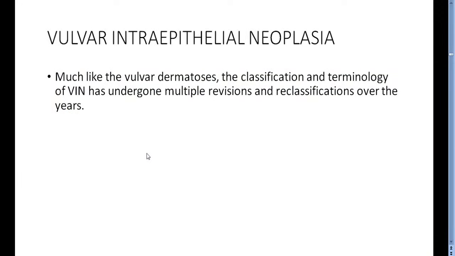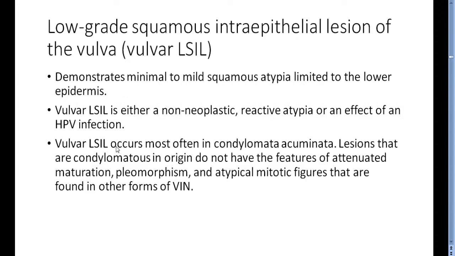If we speak about a real neoplastic process, we usually call it VIN, like the vulvar dermatosis classification, the terminology widely used.